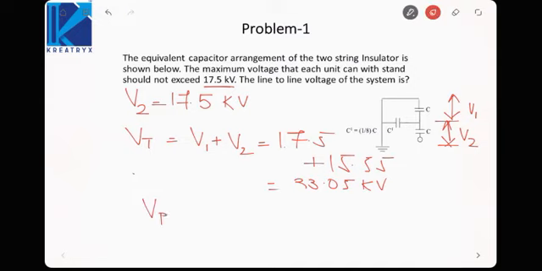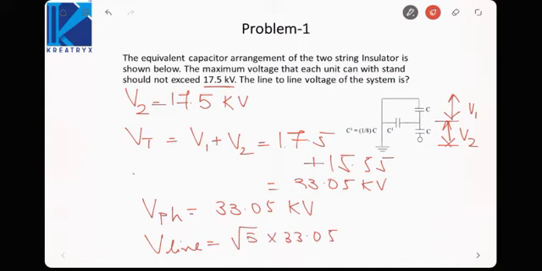So this is actually V phase. We need to find the line voltage, root 3 into 33.05. So this will come out to be 57.25 kV. So this will be the line to line voltage across the insulator string.